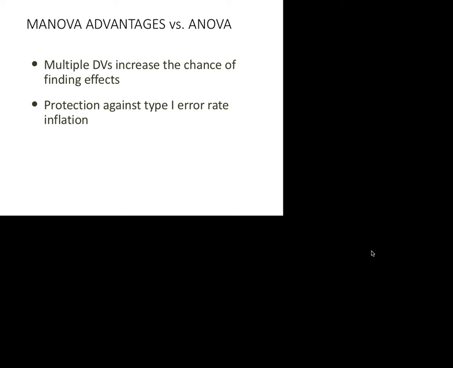A couple of advantages of MANOVA. Of course, if you have multiple dependent variables, it increases the chance, for better or for worse, of finding effects. And there would be some protection against type 1 error rate inflation, particularly if you're making Bonferroni adjustments across all of the work that you're doing. So there are some advantages.